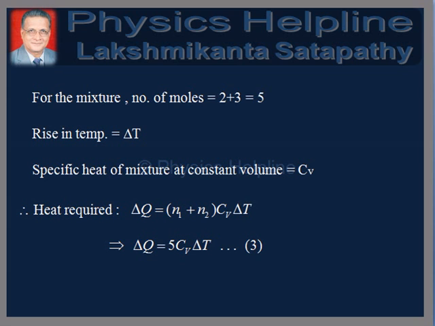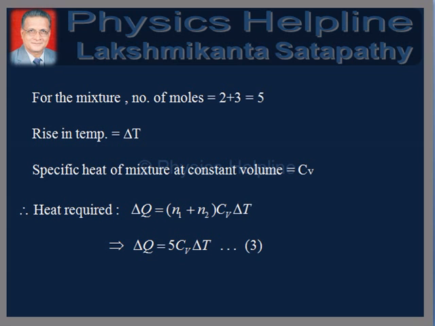Therefore, for the mixture, the number of moles is equal to 5. Rise in temperature is equal to delta T. Let the specific heat of the mixture at constant volume be equal to Cv.